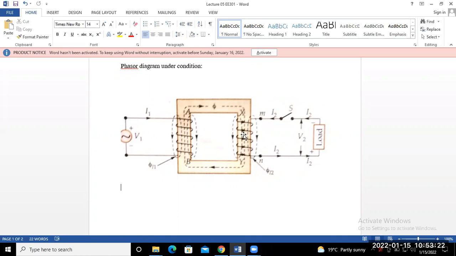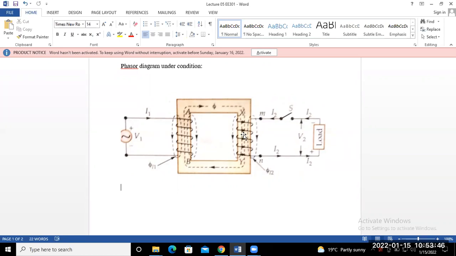If current lags below 90 degrees, then what will happen? And if it leads below 90 degrees? We are saying the current lags by 90 degrees from the voltage, that is lagging, and leads by 90 degrees.